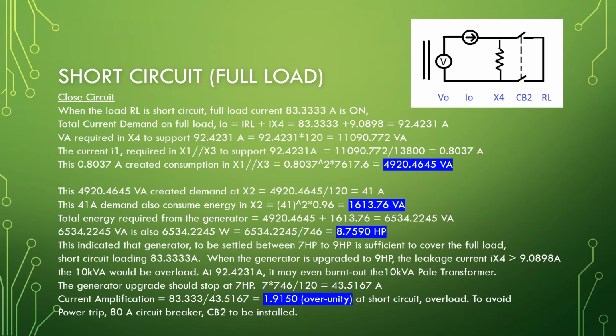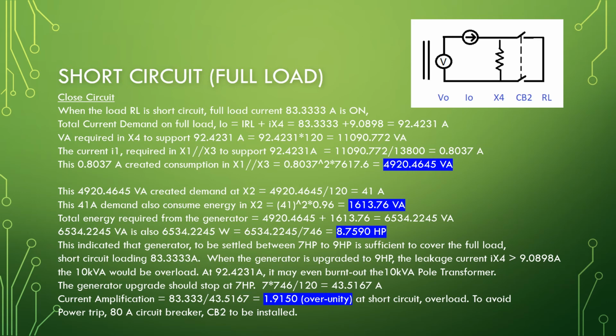This 4,920.4645 VA created demand at X2 equal to 4,920.4645 divided by 120 equals 41 ampere. This 41 ampere demand also consumed energy in X2 equal to 41 squared times 0.96 equals 1,613.76 VA.